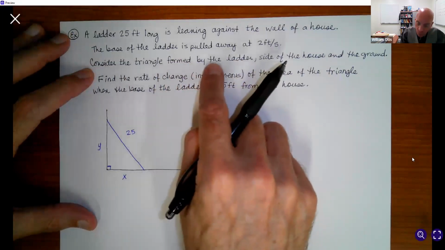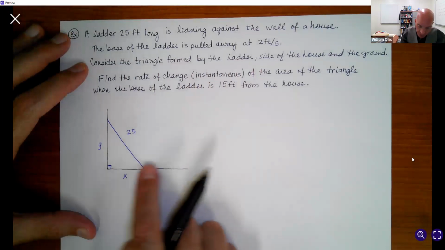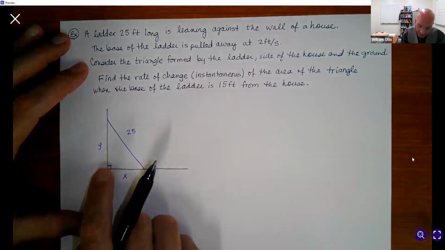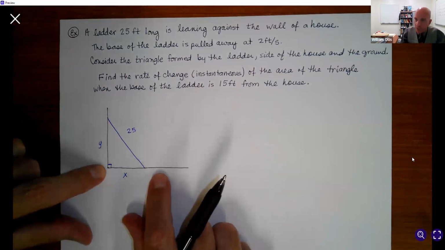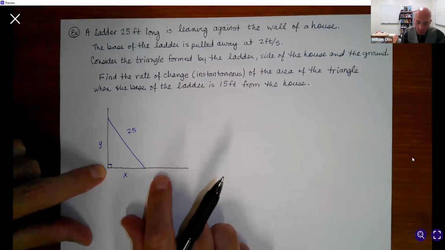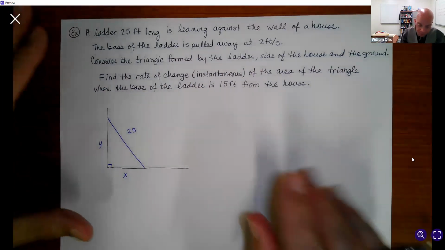Consider the triangle formed by the ladder, the side of the house, and the ground. So we make the assumption that we have the side of the house, the ground, and the ladder, and the configuration of the right angle. So we're thinking we have good construction science here, okay? That is part of the problem in order to do it.